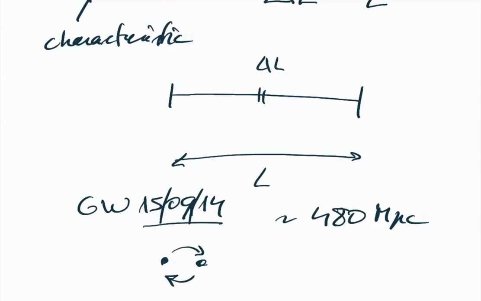So, going back to this delta L, in order to be able to measure these gravitational waves, the LIGO detector had to be able to measure a thousandth of the width of a proton in the 4 kilometers.